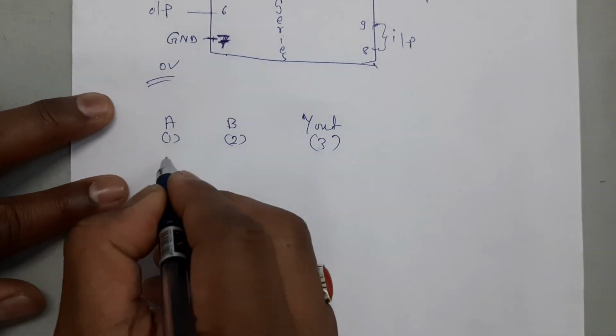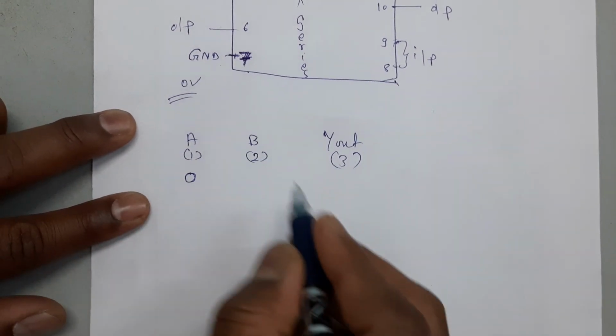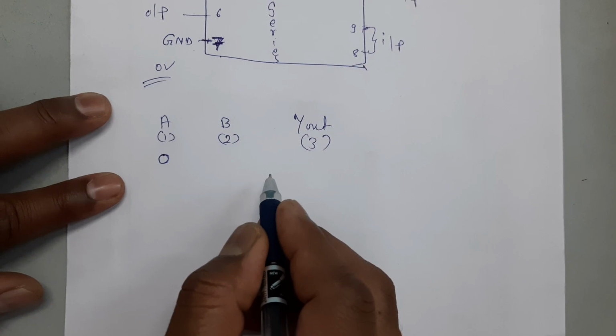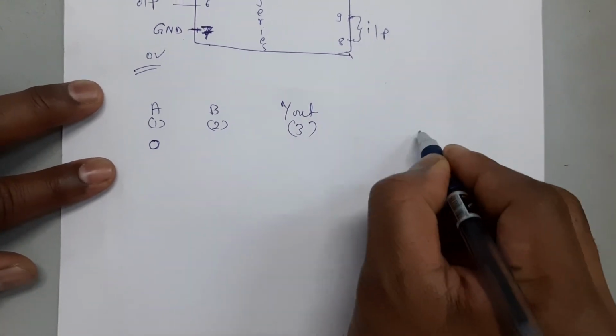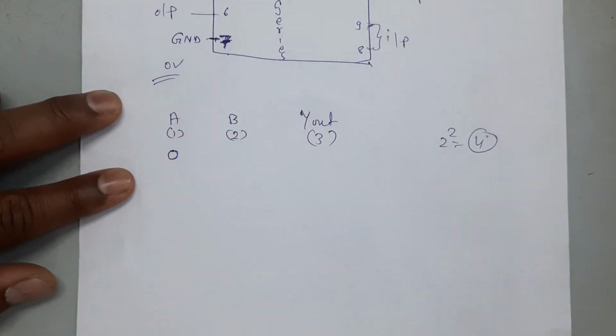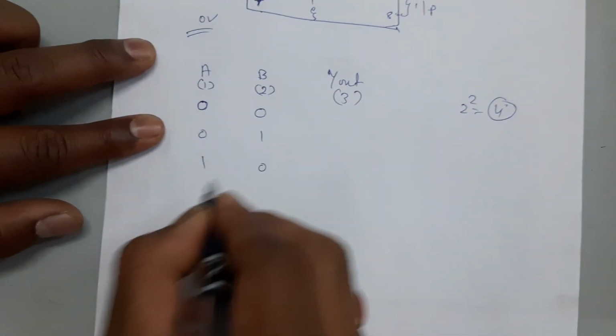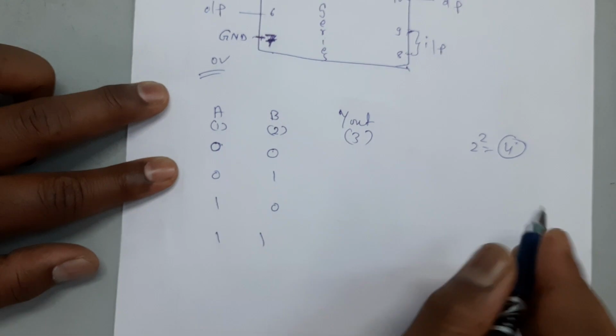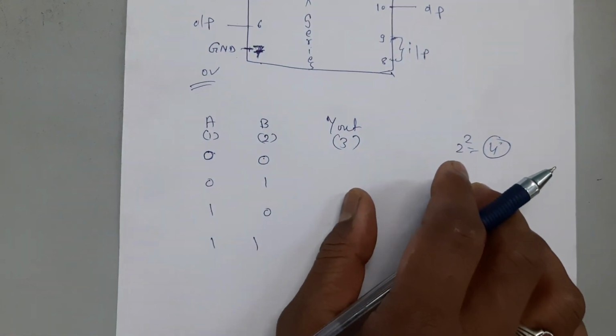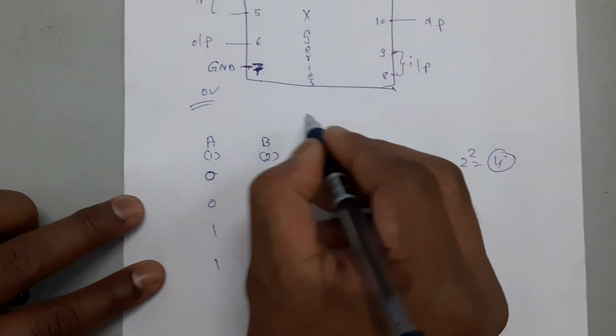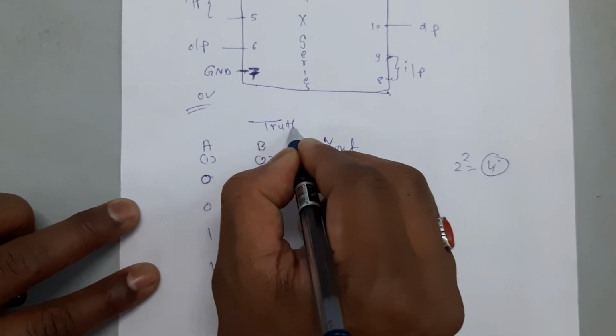Fine. Now, two inputs are there. The maximum possible combinations I can give: 2 raised to 2 is 4 combinations. So that is 00, 01, 10, 11. Okay, 0 0. So what is a truth table? This is known as a truth table.